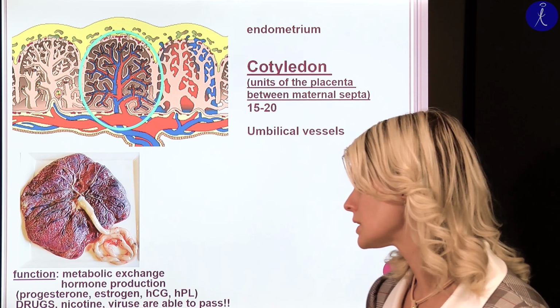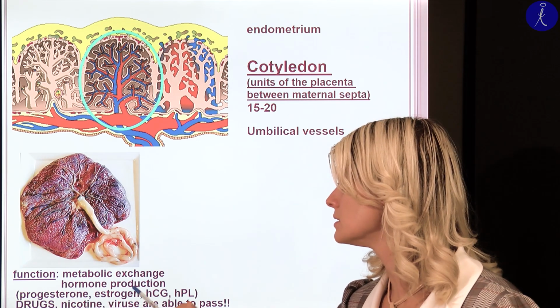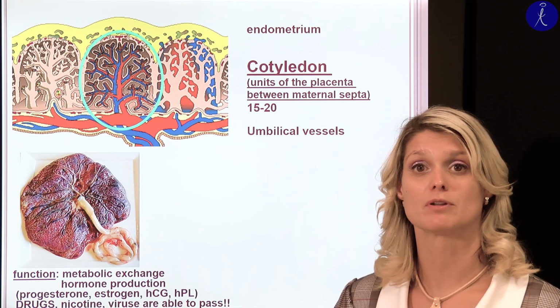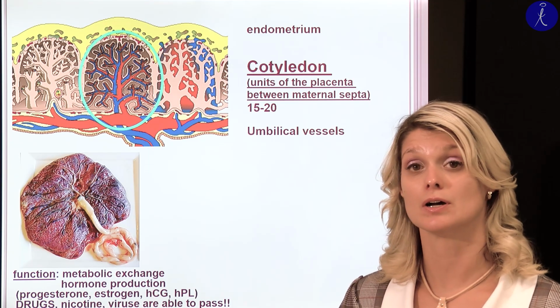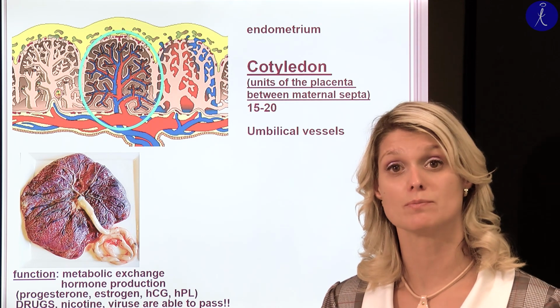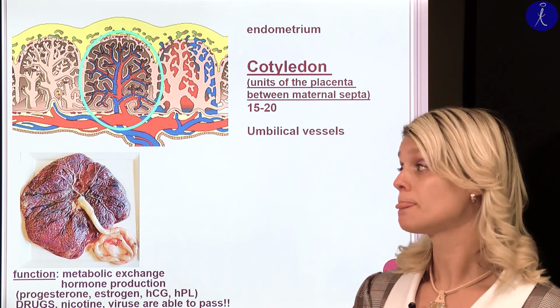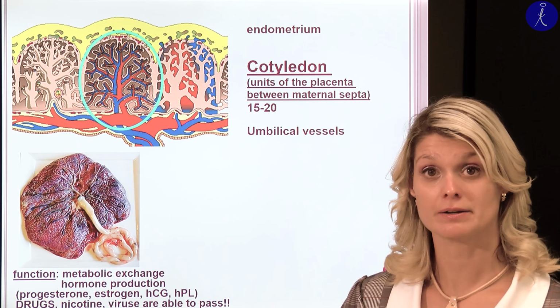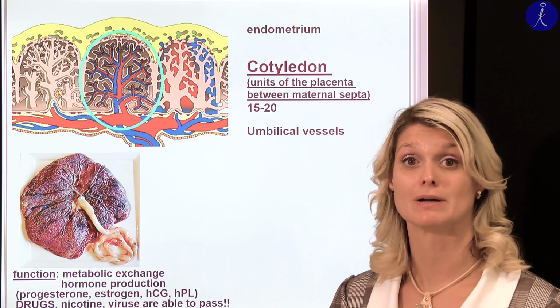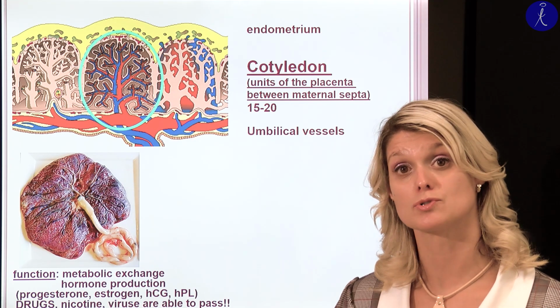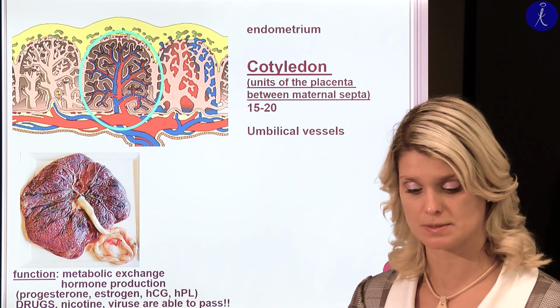But unfortunately, the drugs, the nicotine, and also inflammation, viruses and other toxic agents are able to pass through too. That's why we have to take care, because unfortunately those environmental effects can cause developmental malformations.